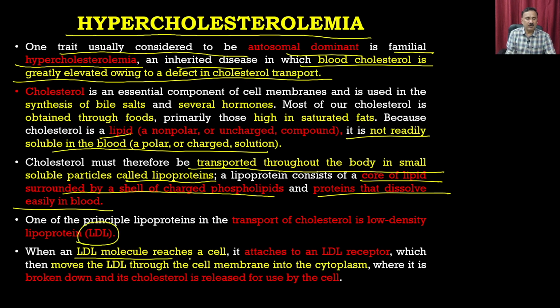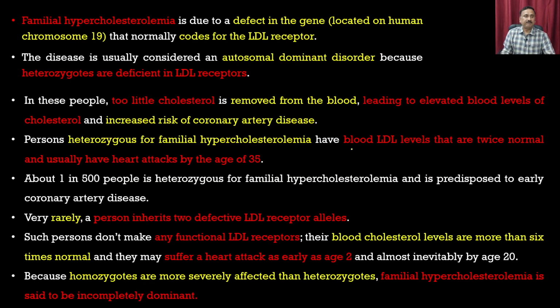When the LDL molecule reaches the cell, it attaches to the LDL receptor and is then taken up. We discussed this when we were talking about transport of material into the cell. Hypercholesterolemia arises because there is a problem in the uptake, that is, a problem in the gene which codes for the LDL receptor.